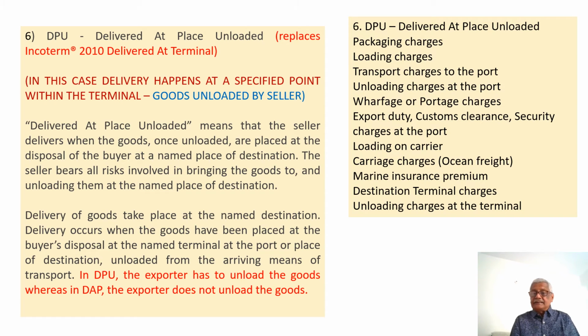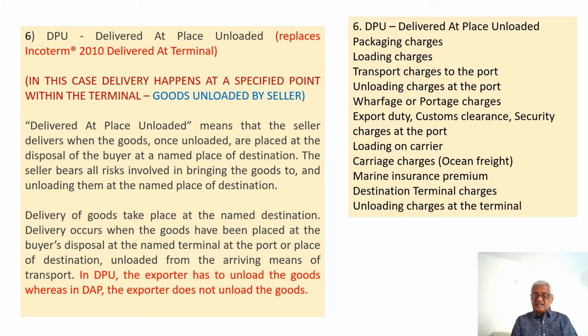Goods are unloaded by the seller. Delivered at place unloaded means that the seller delivers when the goods, once unloaded, are placed at the disposal of the buyer at a named place of destination. The seller bears all risk involved in bringing the goods to and unloading them at the named place of destination.